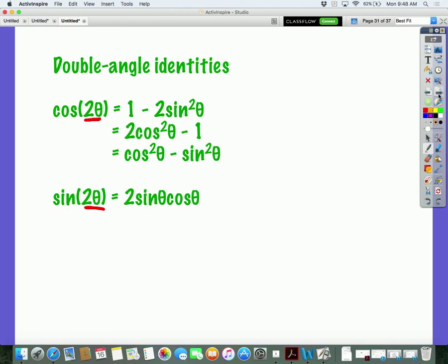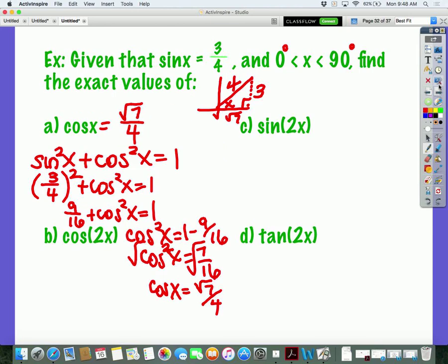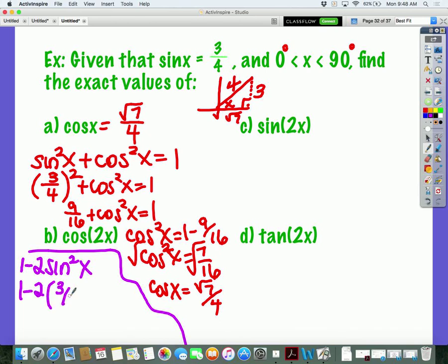So you understand that? Because we were already given sine. So, using that formula of 1 minus 2 sine squared theta, or sine squared x, we'll just plug in 1 minus 2 sine x is 3/4, so we plug that in, and we square it.